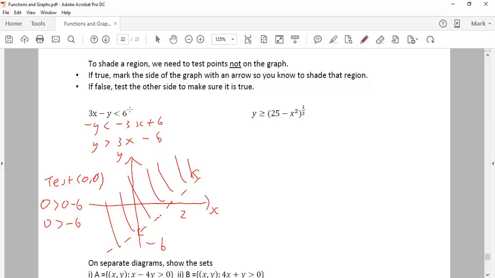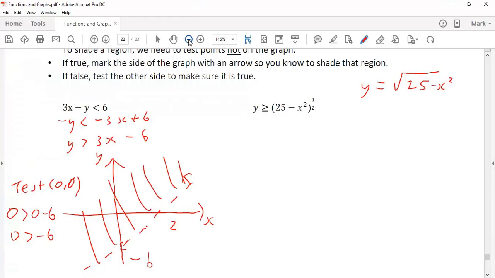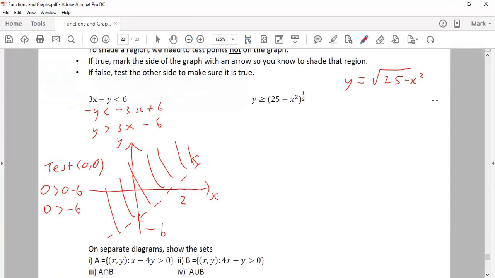Alright, so this next one, remember a half power is the same as writing square root. So think of it as y equals the square root of 25 minus x squared. You should know from your graphs that this is going to be a semicircle.